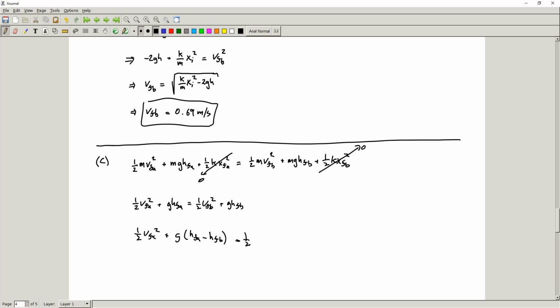And this is going to be equal to 1/2 vFB squared. Again, this is going to result in a minus h, because we have our initial height and we're subtracting our final height, so we end up with a minus h.